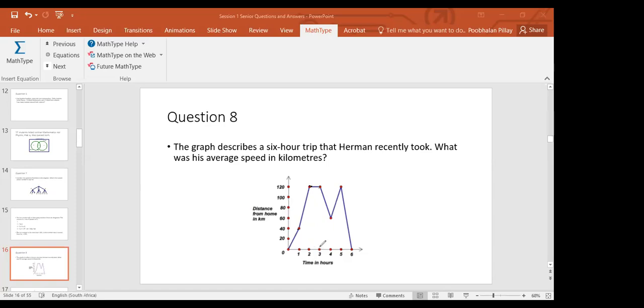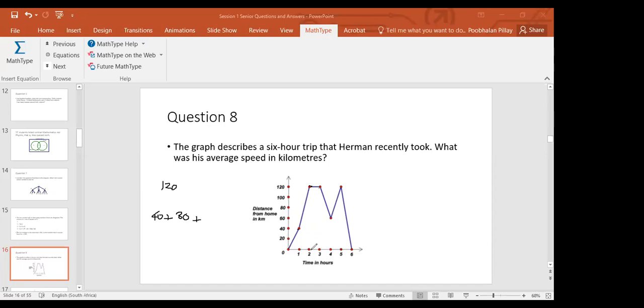Let's do it hour by hour. In the first hour, he's traveled 40. In the second hour, he's traveled from 40 to 120. So he's traveled 80 kilometers in the second hour.